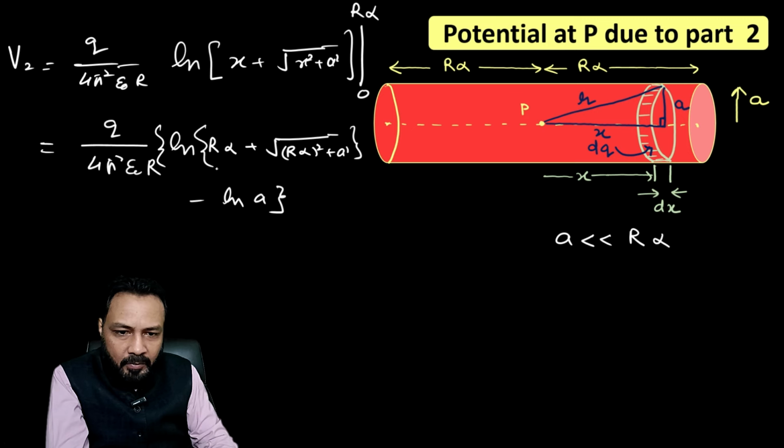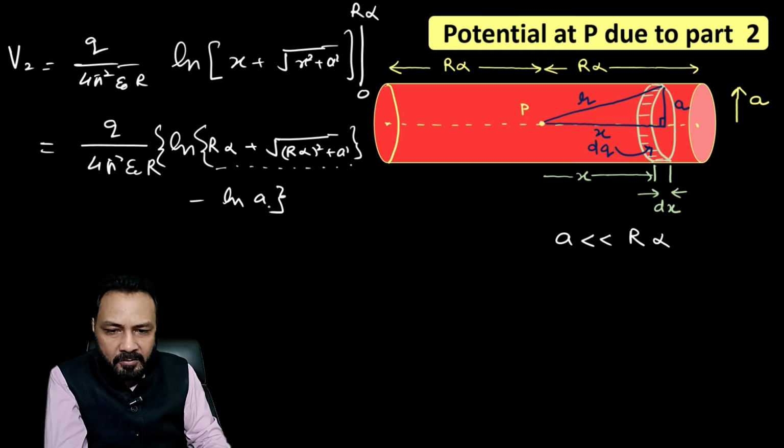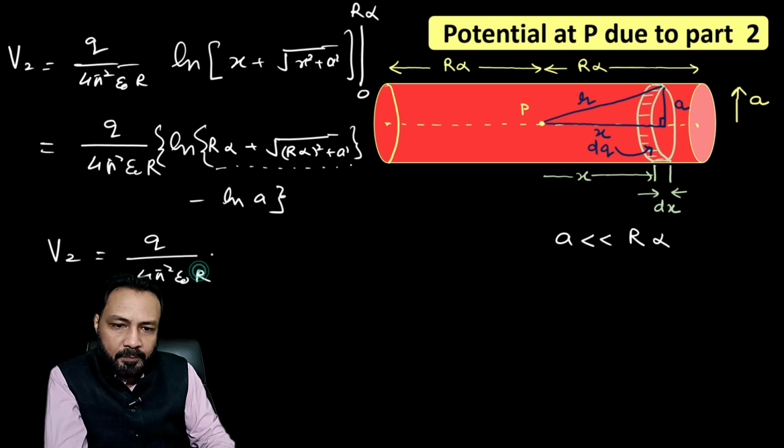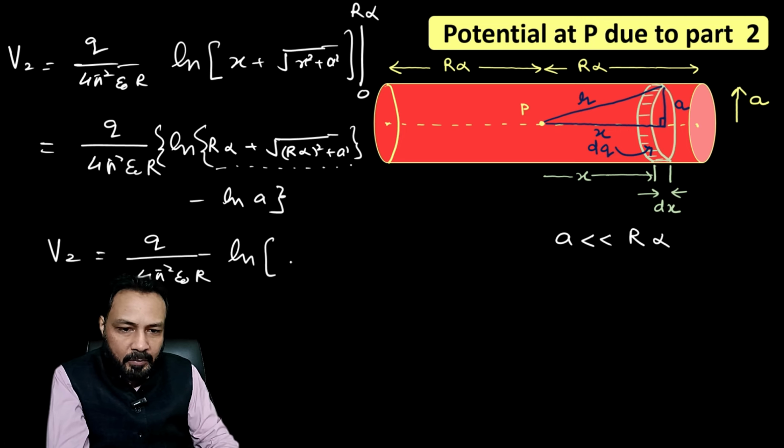So this part will become ln 2 r alpha, and this is ln a. So finally we will have V2 is equal to q divided by 4 pi square epsilon naught r, ln 2r alpha minus ln a, so that will be ln 2r alpha by a.